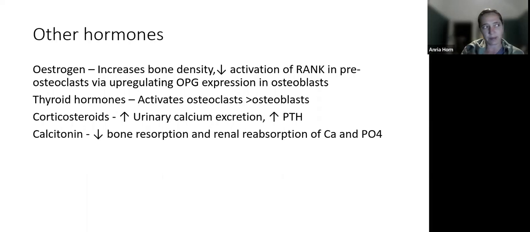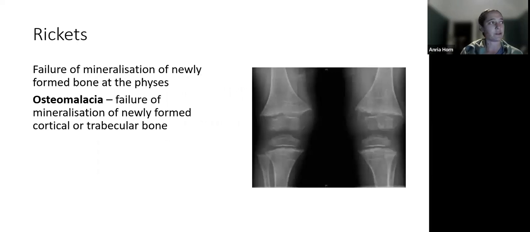Sorry, forget about that. Hyperthyroidism will give you osteopenia. Corticosteroids cause osteopenia by increasing urinary calcium excretion, which leads to an increase in PTH, which leads to increased calcium resorption from the bone. And calcitonin is the only one that actually decreases bone resorption and renal reabsorption of calcium and phosphate.